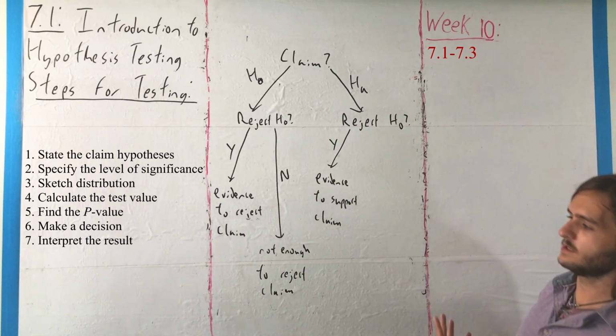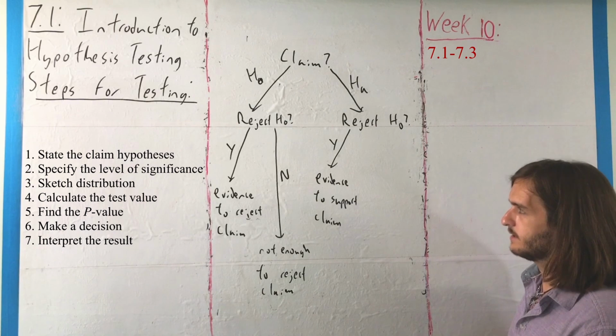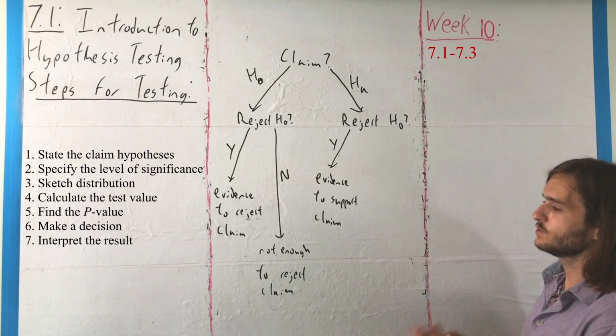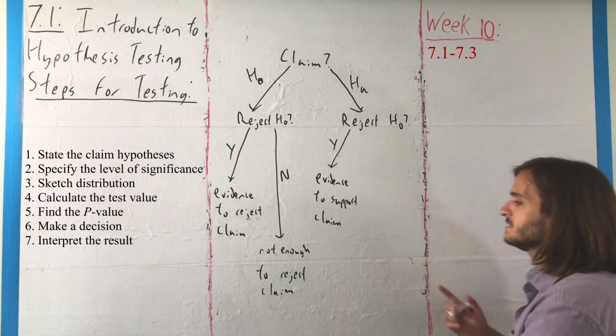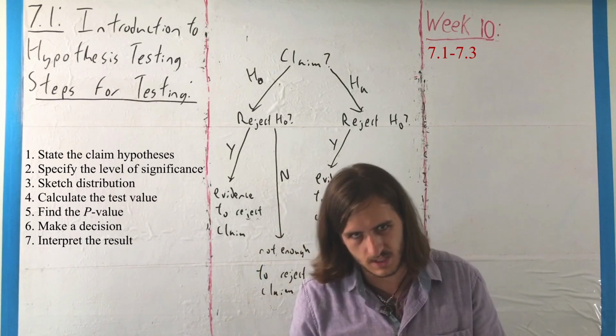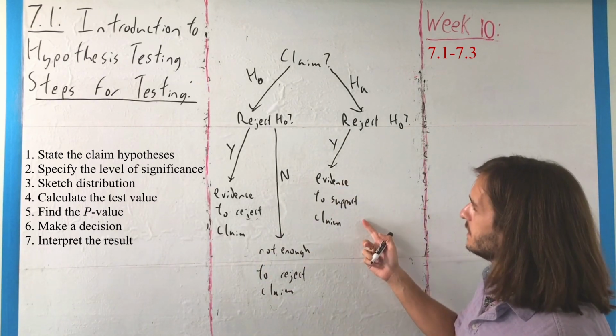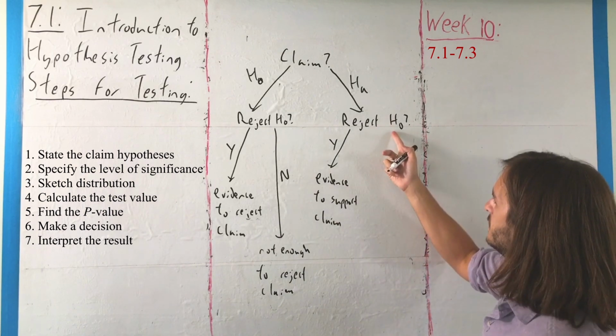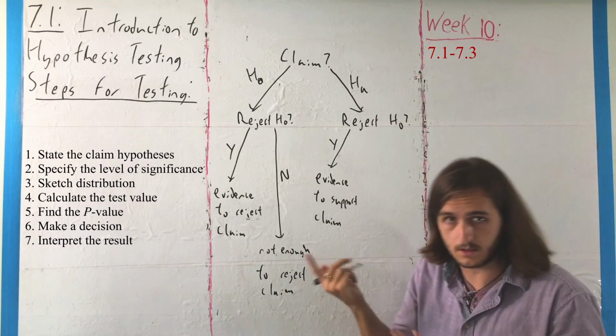Saying that you have evidence to support is very similar, kind of, to this rejection stuff. And like I said, there's subtlety there, but this is fundamentally what you have. If you're rejecting the null, you're kind of supporting the alternative.